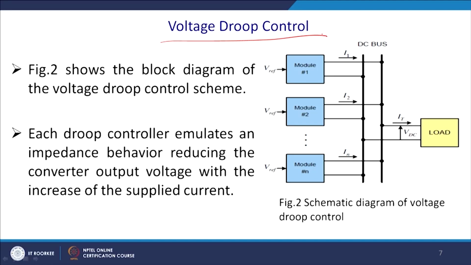Here, figure 2 is the schematic diagram of the droop control, showing the block diagram of the voltage control scheme. Each droop control emulates an independent behavior, reducing the converter output voltage with the increasing supplied current. So, this is something we require to understand.